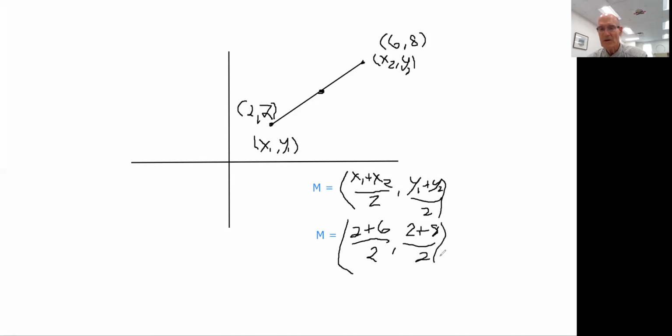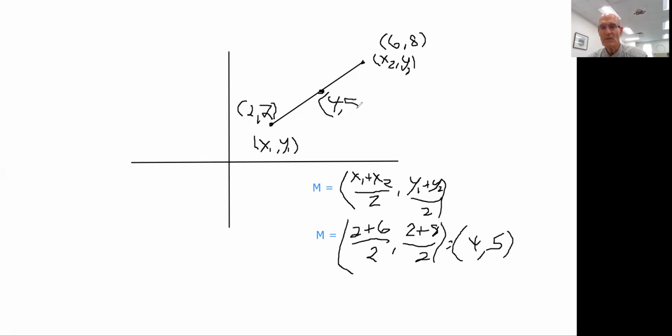And I get an answer here of 6 and 2 is 8 over 2, which is 4, and 10 over 2 is 5. So the coordinates of this midpoint would be 4 and 5.